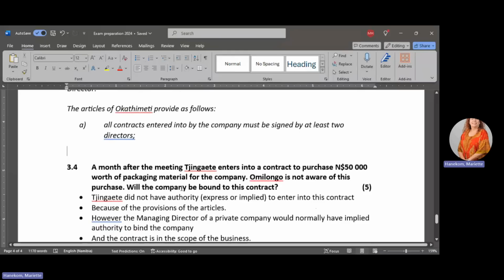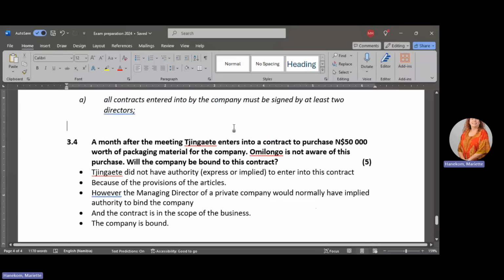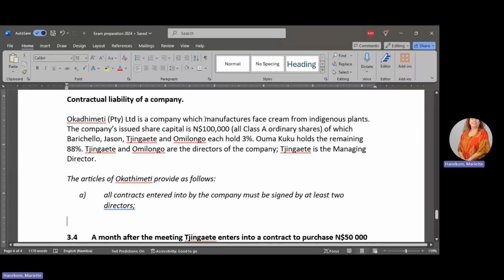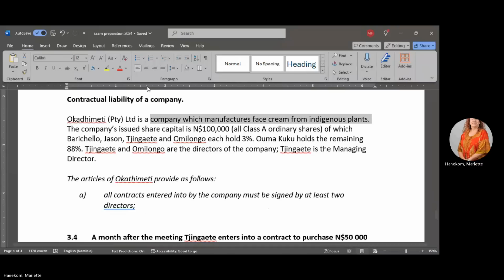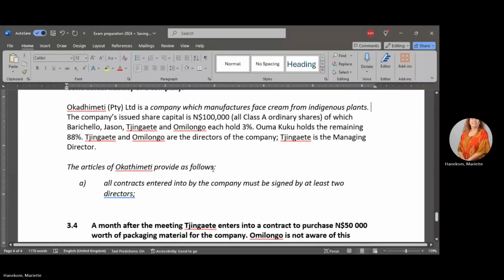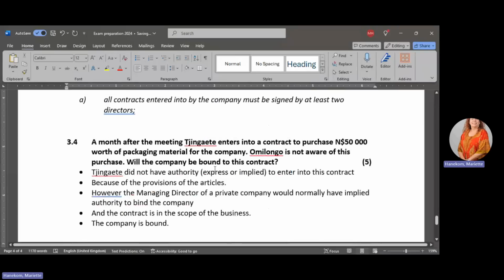Actual question that we're getting at is that Shingaite entered into a contract to purchase packaging material. I told you, that's why I copied this. It's a company that manufactures face cream from indigenous plants. I'll always give you the business of the company. So he buys packaging material.